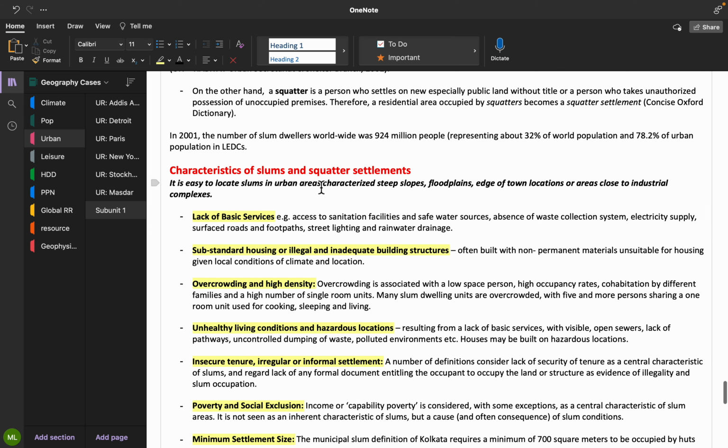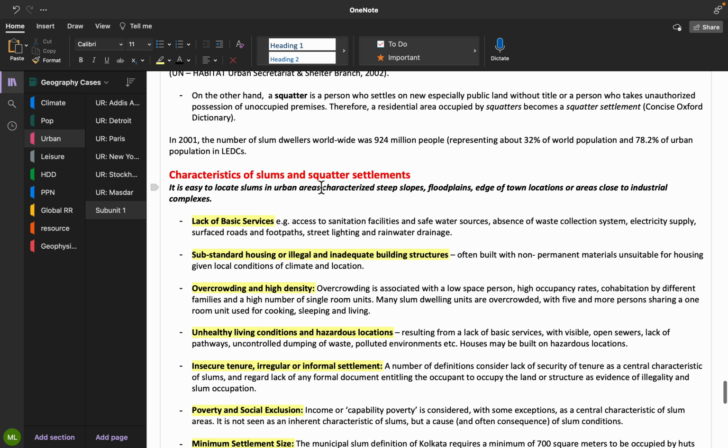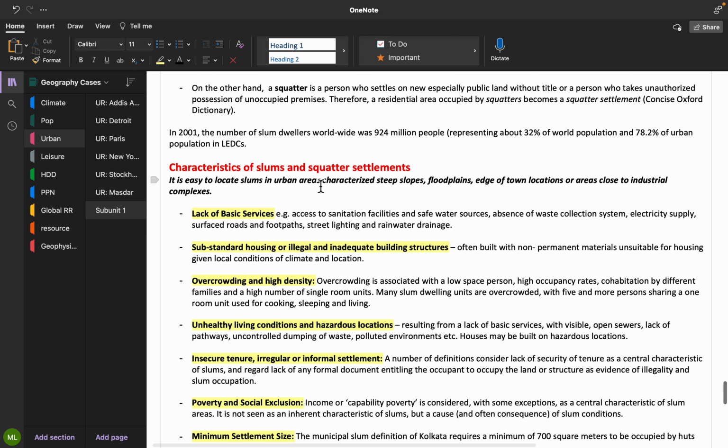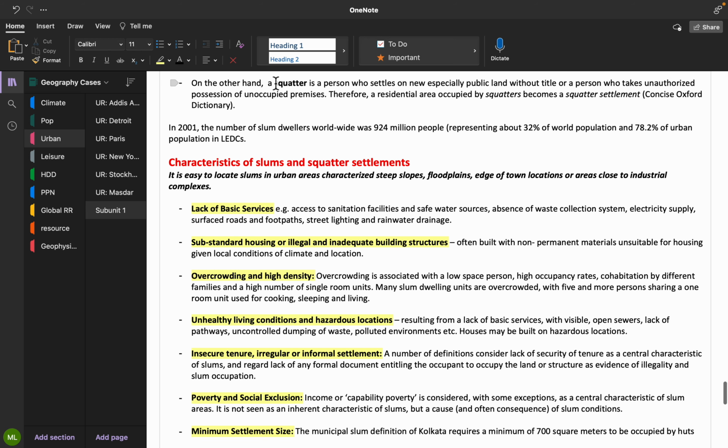And a squatter is a person who settles on new, especially public land, without title, or a person who takes unauthorized possession of unoccupied premises. So not to categorize people, but that would be like homeless people living in the park.